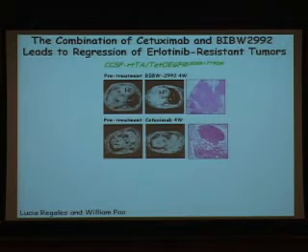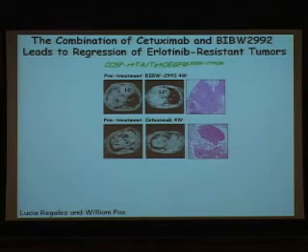And we tried initially, this is work done in collaboration with William Pao, who was at Sloan Kettering and now is at Vanderbilt, and Lucia Regales from William's lab. And what we saw is if we take these mice and we treat them with an irreversible tyrosine kinase inhibitor, BIBW, we do not see tumor shrinkage.